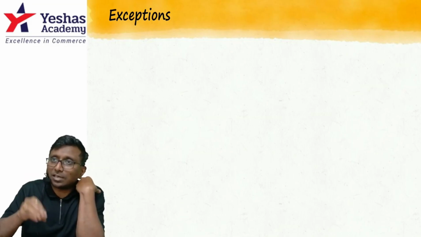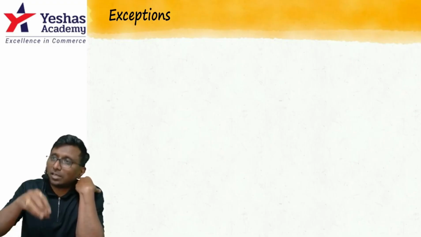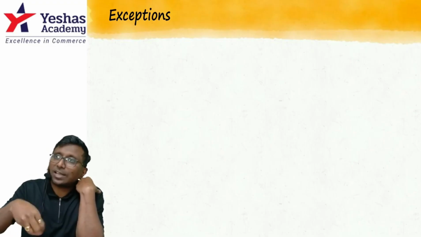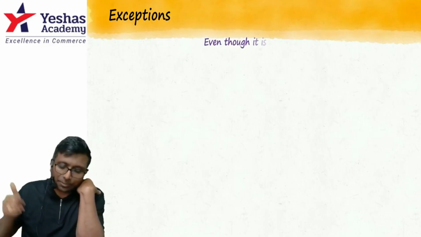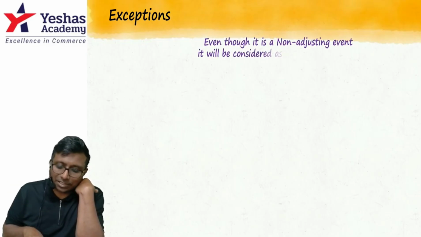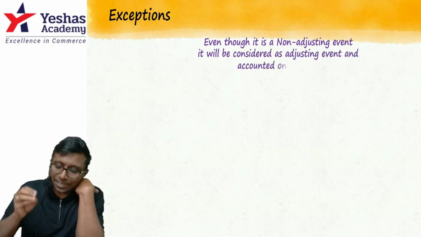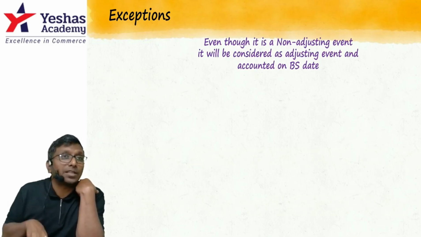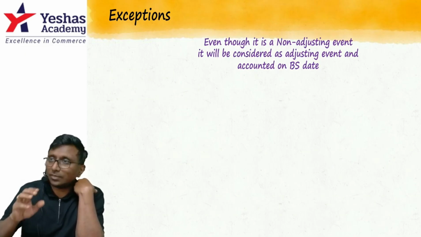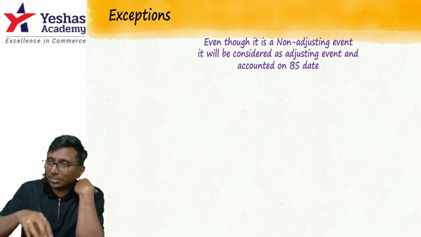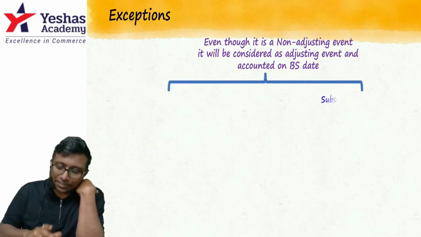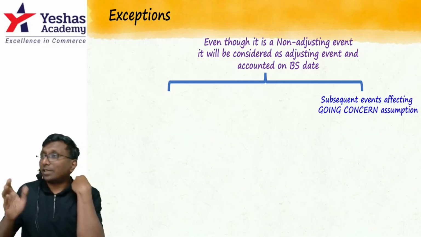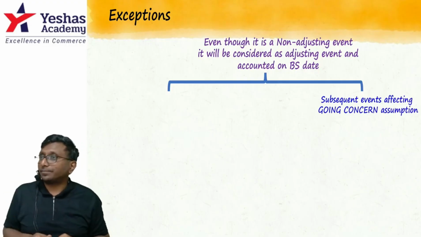Strictly speaking, it is a non-adjusting event. But even though it is non-adjusting, I'll record it as an adjusting event, and it will be accounted as on the balance sheet date. That is called exception. There are two circumstances like that. One is a subsequent event affecting the going concern assumption.